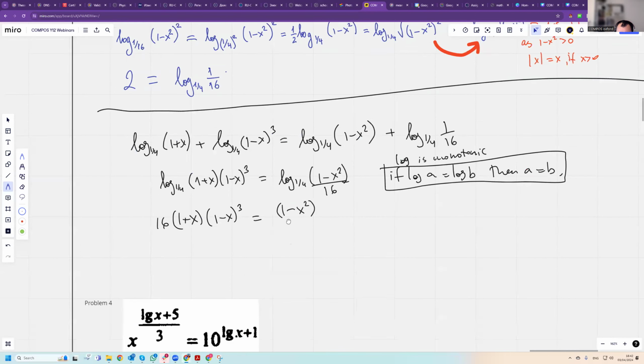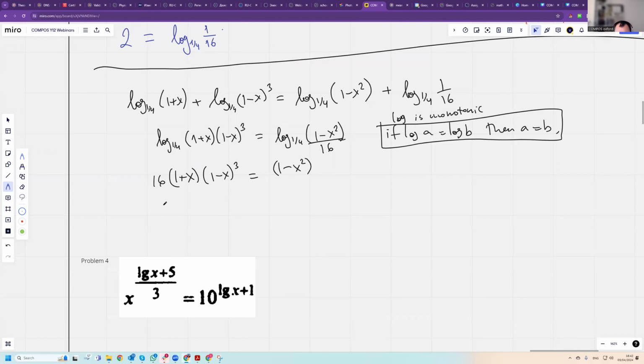The last thing I want to do is open the brackets. So I'm going to factorize instead. 1 plus x, 1 minus x cubed. No, I can't really factorize it. I can factorize this bit: 1 minus x, 1 plus x.